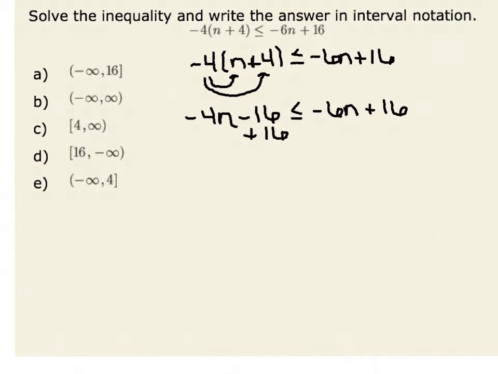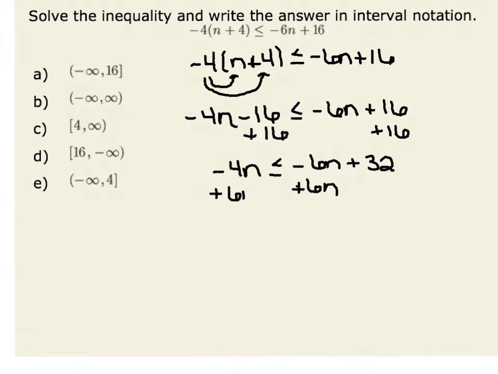16 to both sides of my inequality, resulting in a negative 4n is less than or equal to a negative 6n plus 32. Now I could add 6n to both sides of my inequality, giving me 2n is less than or equal to 32.